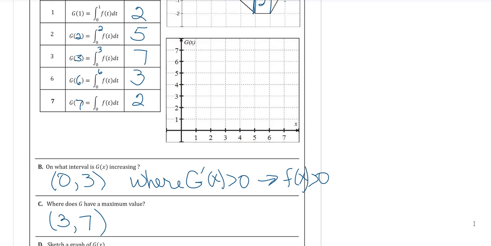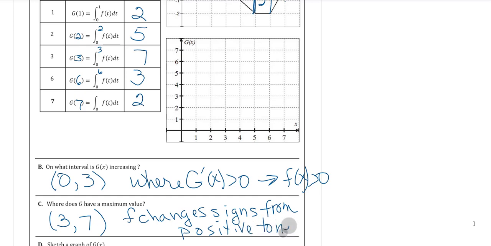That's the maximum value because f changes signs from positive to negative, because g will be increasing where f is positive, and then it will be decreasing where f is negative.